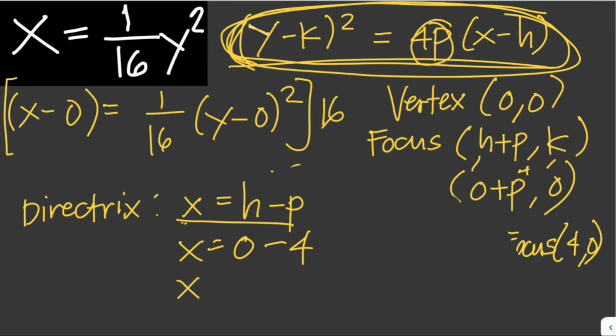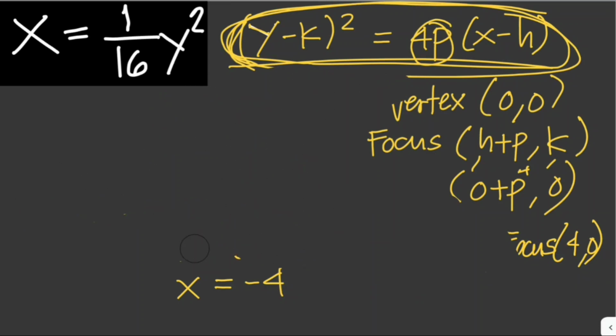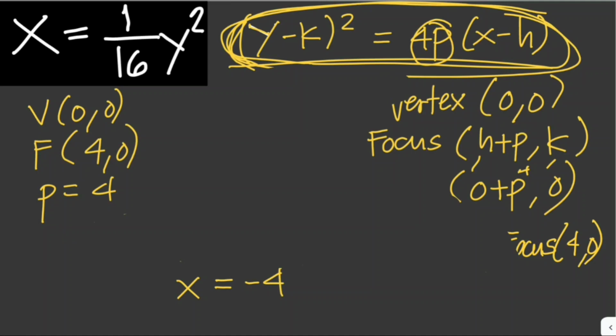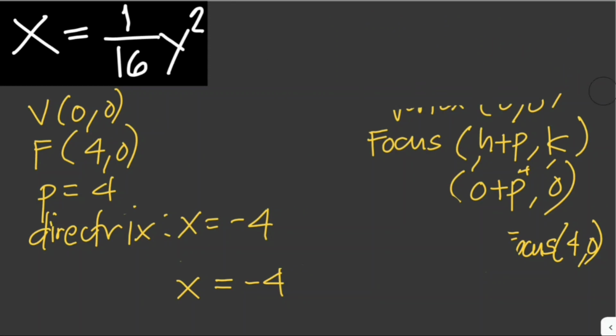Therefore, the directrix is just x equals negative 4. Now we have all the values that we need to graph the equation. We have the vertex here, 0, 0. Our focus, 4, 0. P equals 4. And directrix x equals negative 4.